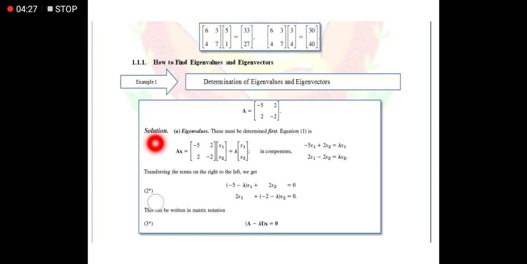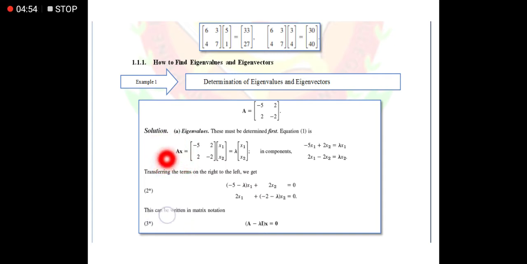The problem here is to find the eigenvalues lambda and the eigenvectors x. Letter A, finding the eigenvalues. This must be determined first in order to satisfy the equation. How can we determine that? By satisfying the right side of equation number 1. The right side of equation number 1 is this Ax.